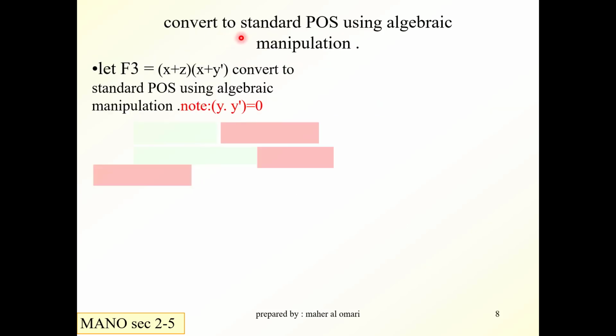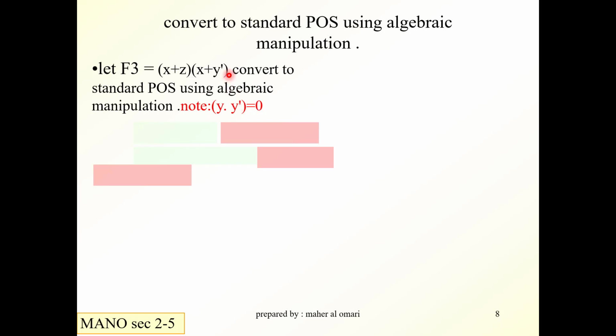Okay, convert to standard product of sums using algebraic manipulation. Given that the function F3, the domain of F3, I should have given you this, is x, y, z. This sum is missing the y literal. This sum here is missing the z literal. I should note here that y ANDed with y bar is equal to 0, x ANDed with x bar is equal to 0, and z ANDed with z bar is equal to 0.